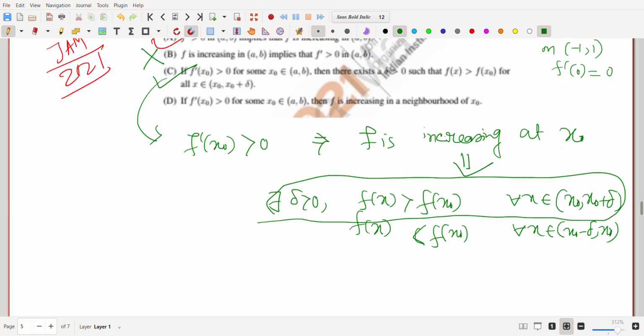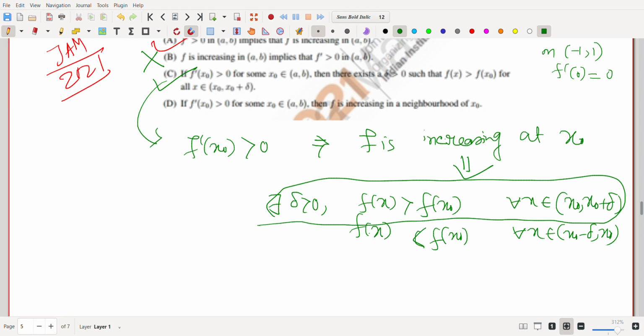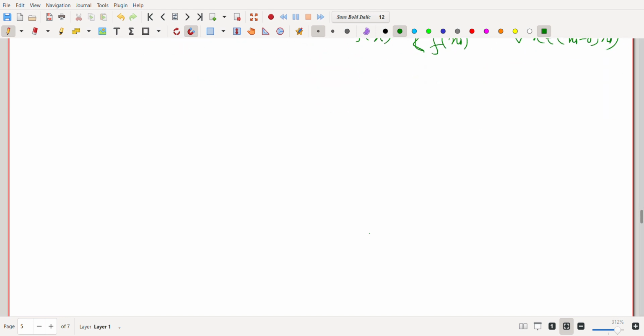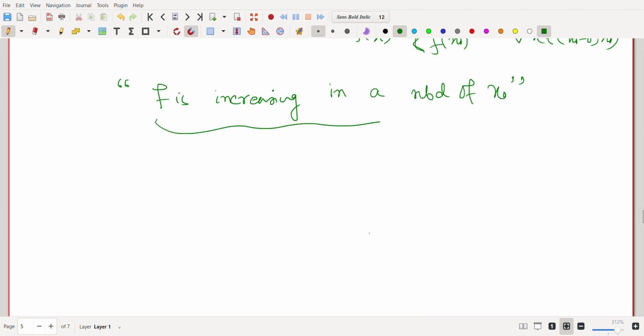Now understand the meaning. f is increasing in a neighborhood of x naught. What is its meaning? First of all, a neighborhood of x naught means there exists a delta greater than 0 such that the interval looks like x naught minus delta comma x naught plus delta.